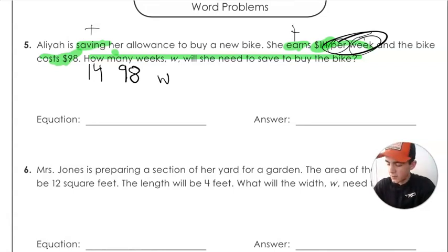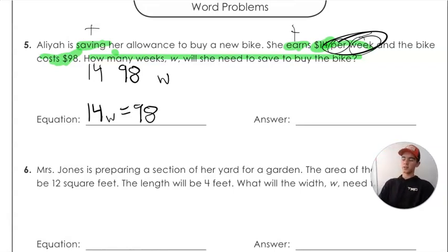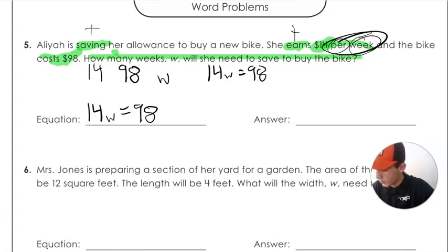So if we can take the 14 times W equals 98. That's our equation, and now to solve it, let's write it here. We gotta divide by 14 and divide by 14.